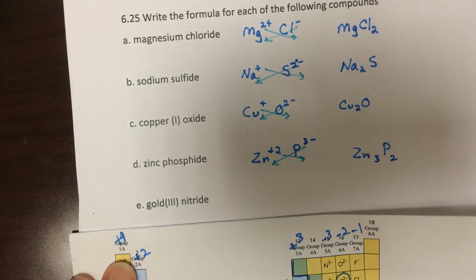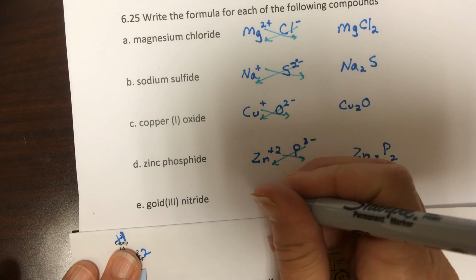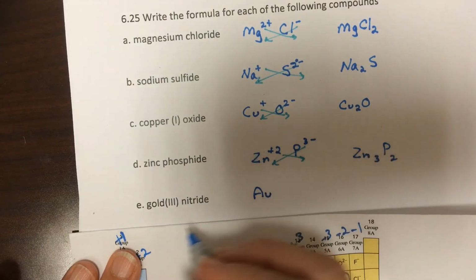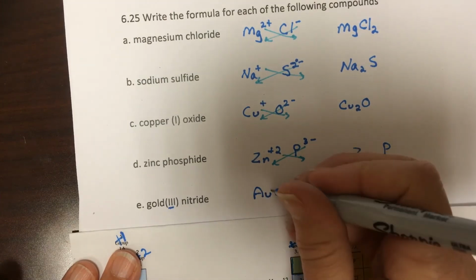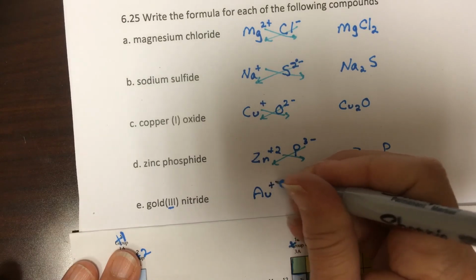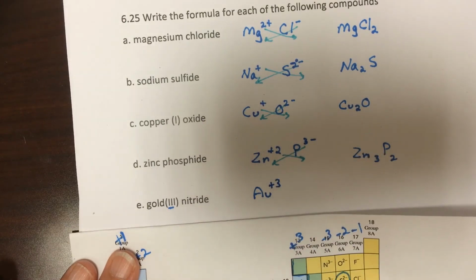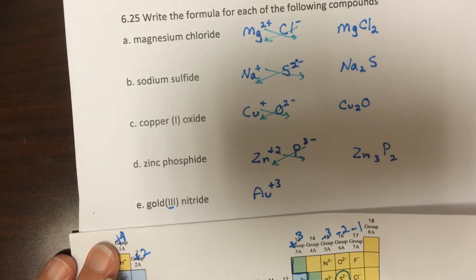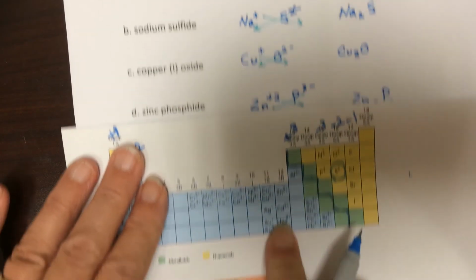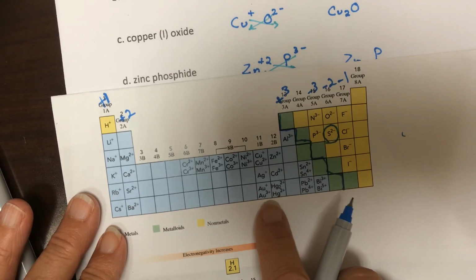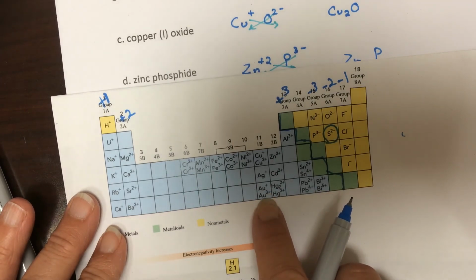And we'll make gold our last one here. Gold is Au, and this tells us that it's a positive 3 charge. It comes different ways. It comes as a plus 1 or as a plus 3.